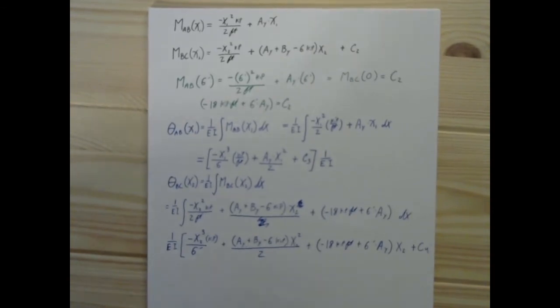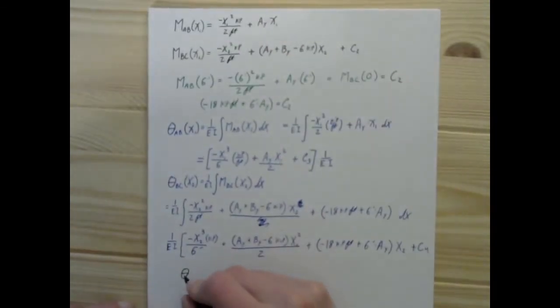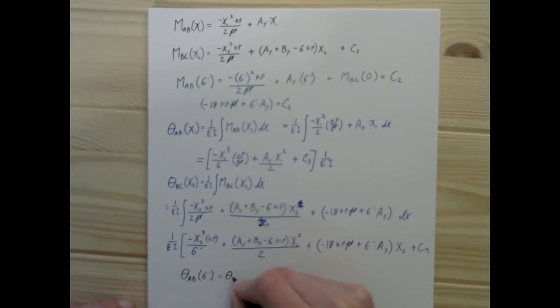We're just going to say that the rotation at 6 feet is equal to the rotation at 0, which in this case is just going to be C4. Let's continue on the next page to do that.